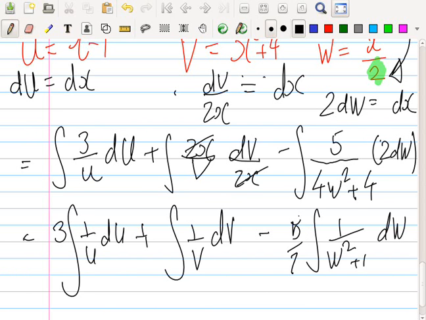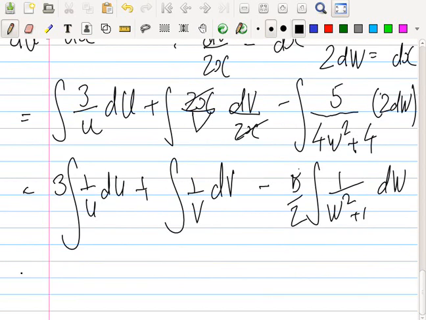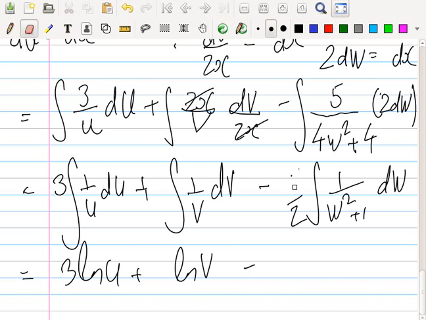Okay, let's integrate. 3 log u plus log v minus, sorry, what was this? Sir, how you turn the 4 to plus 1? I took the 4 outside of both of them. Yes. And this here, who knows what formula this one is? It is tan inverse w.